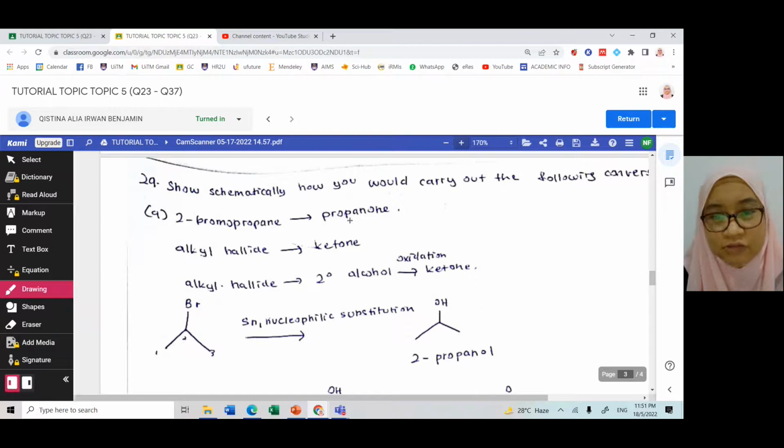Before it can be converted to propanone, it needs to be converted into alcohol first. Because in the alkyl halide slides, we don't have a direct reaction of alkyl halide forming a carbonyl compound. We don't have that, right? Right, we didn't learn that. But we can go through a few steps and finally produce the ketone.